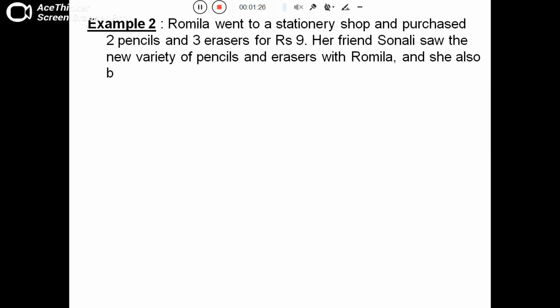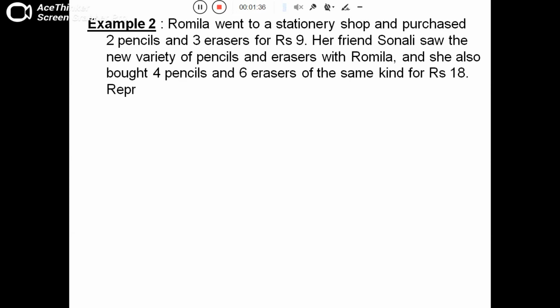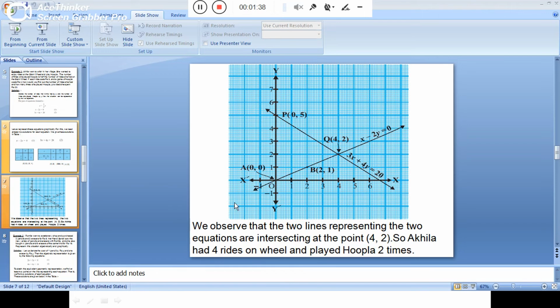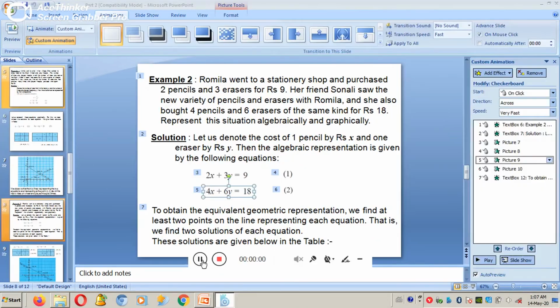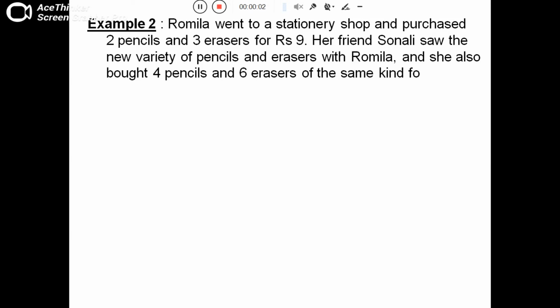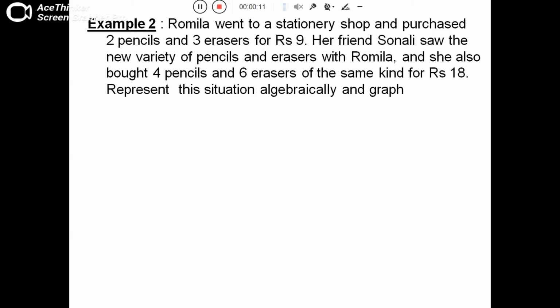So she also bought 4 pencils and 6 erasers of the same kind for ₹18. Represent this situation algebraically and graphically. From both the methods we have to represent it.